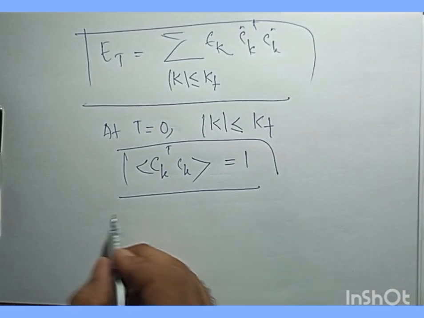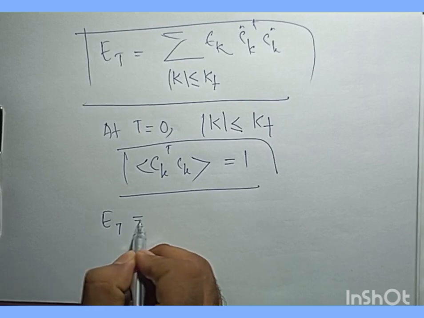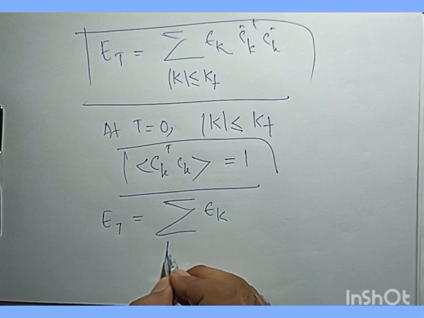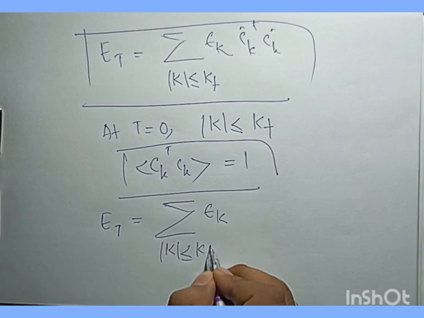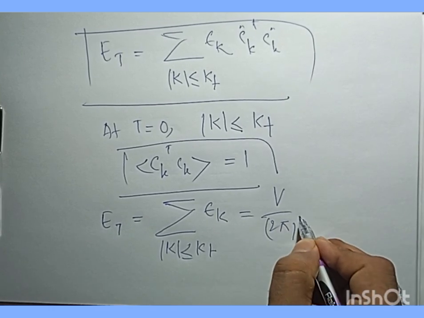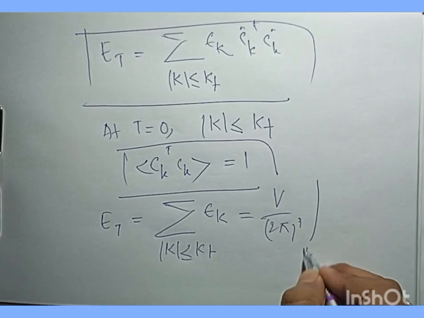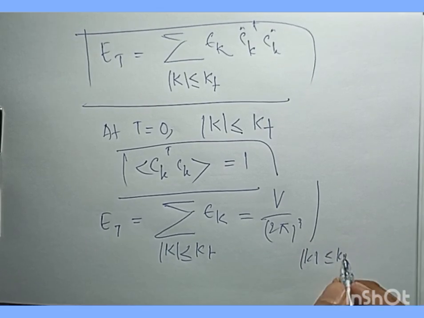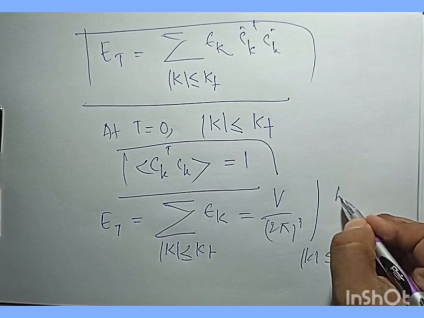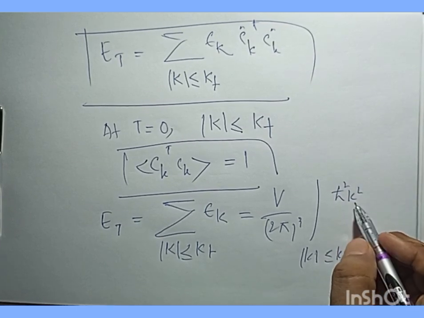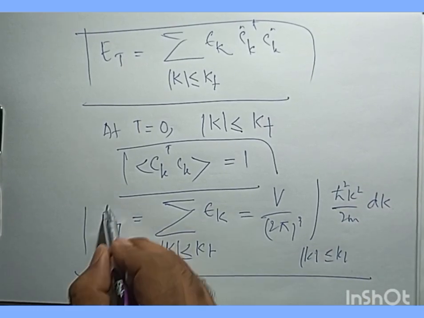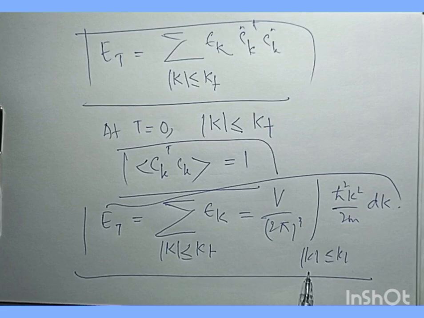So for the total energy, which is sigma epsilon_k, where the magnitude of k is less than or equal to kF, this will be simply V by (2 pi) whole cube, integral k less than or equal to kF, and then you will have h bar square k square by 2m dk.